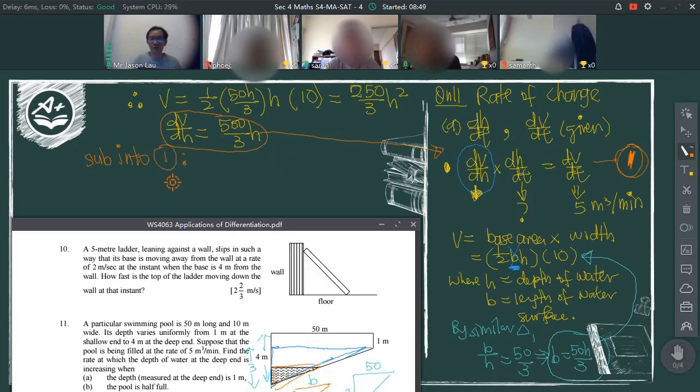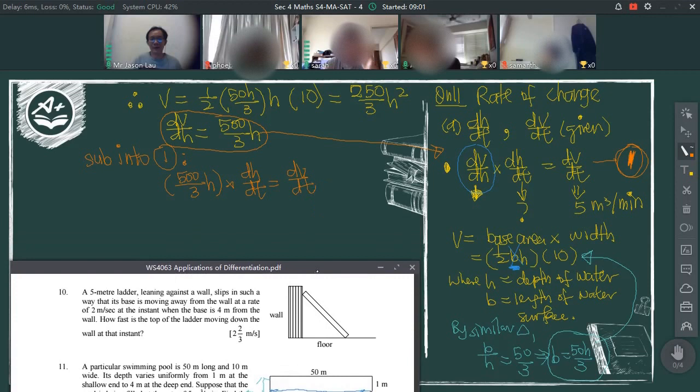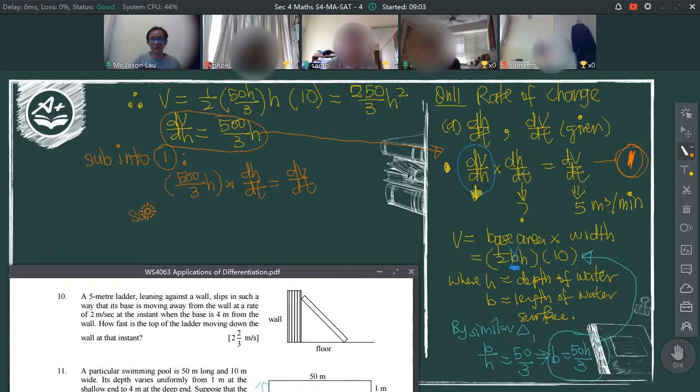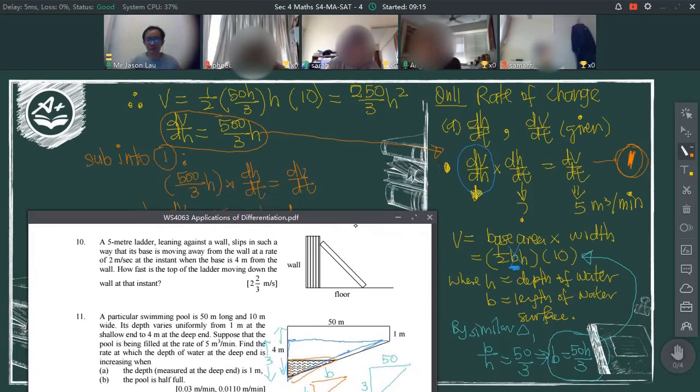Okay, so you have 500 over 3h times dh/dt equal to dV/dt, and then we sub in the numerical values. dV/dt is 5 and h is 1, given in the question. Yeah, h is 1.